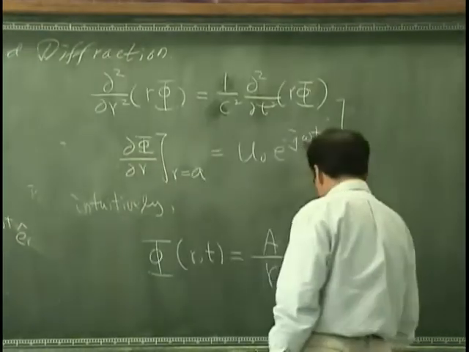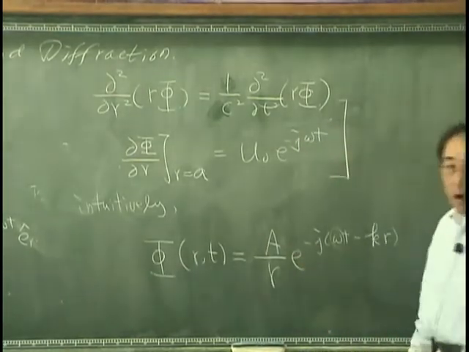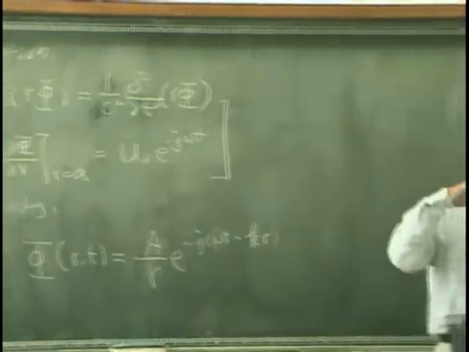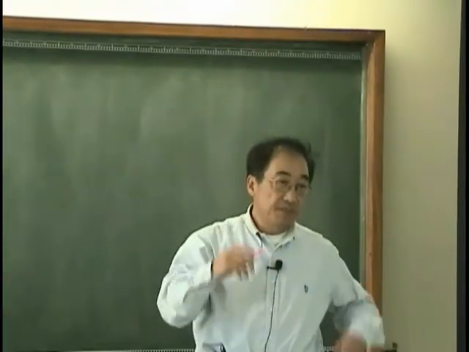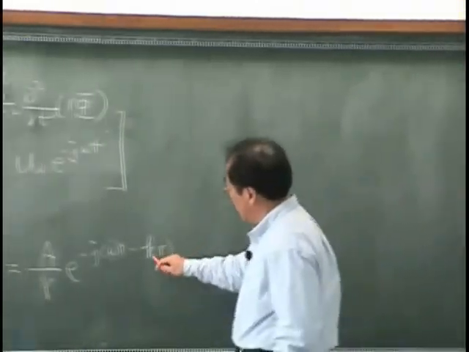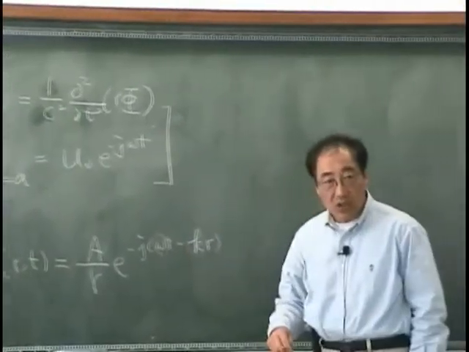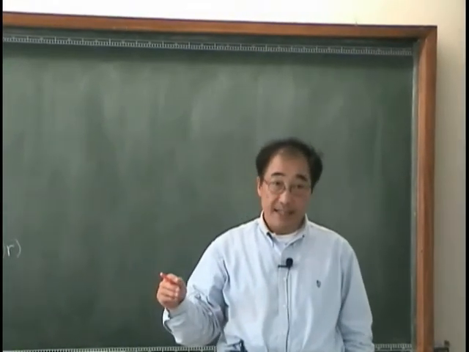Now we remember that omega expresses how fast the sphere is oscillating, and k certainly describes the number of waves per unit length.